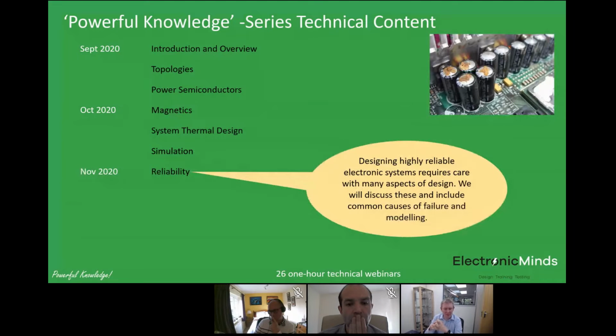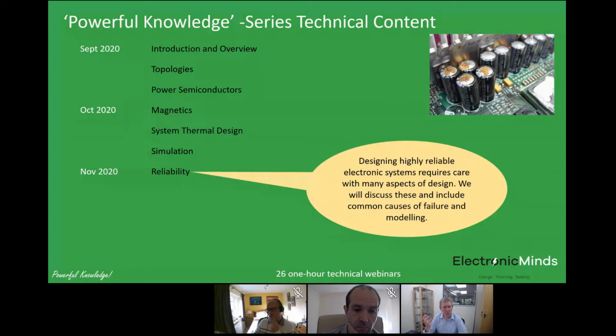Reliability, if any of you have been working in power electronics or even just general electronics for some time, it's often the power converters that tend to be the weak point of a system. And the reason for that is they're the parts of a system which are subjected to the highest temperatures, the highest voltage levels. They contain a lot of energy that's moving around very quickly. So they tend to be the part of a system that's the most stressed.